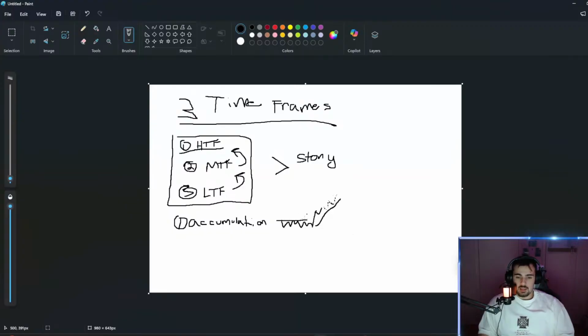And inside the uptrend of my higher time frame, in these points here, I'm going to go down to my medium time frame.